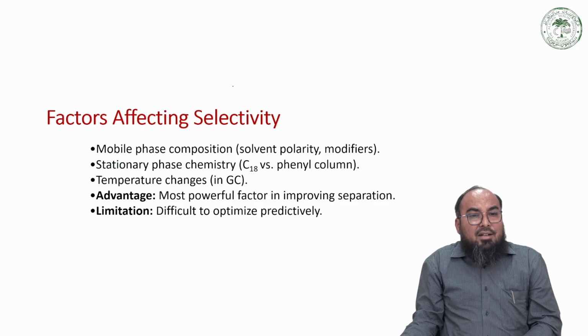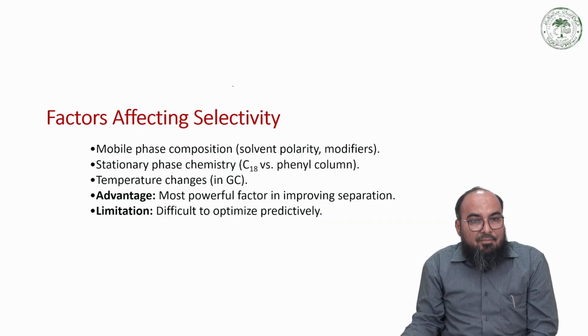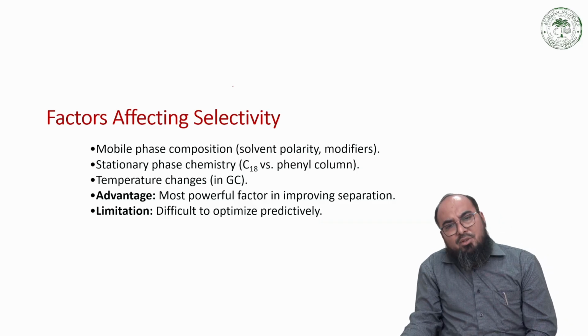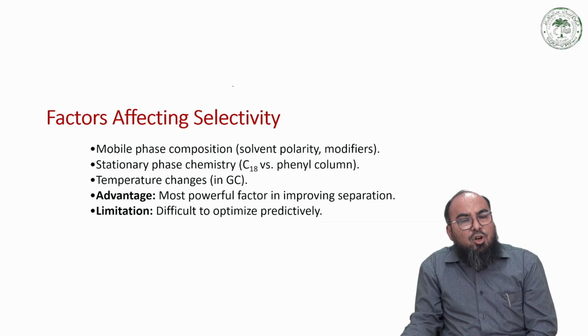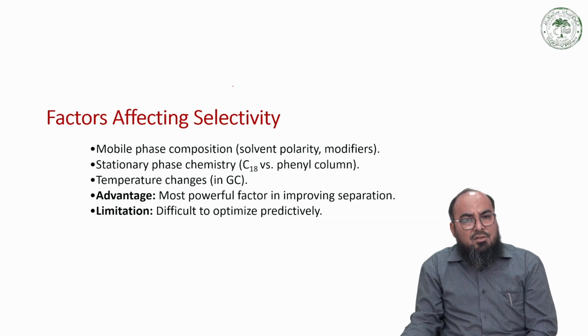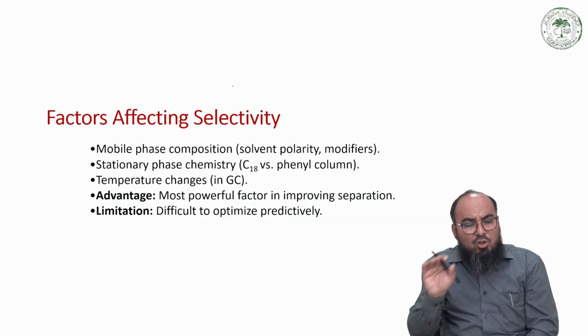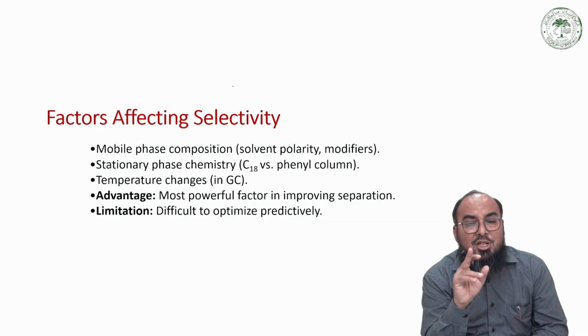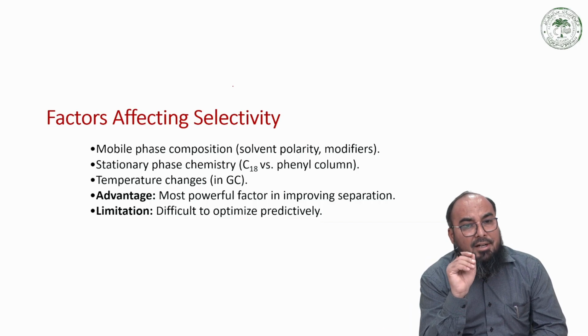So what are the factors which affect the selectivity? Number 1 is the mobile phase composition. This is very important. Again, solvent polarity dictates all these factors, that is how much polar solvent you are taking, and you are taking solvent on the basis of the nature of the compound which is to be separated.